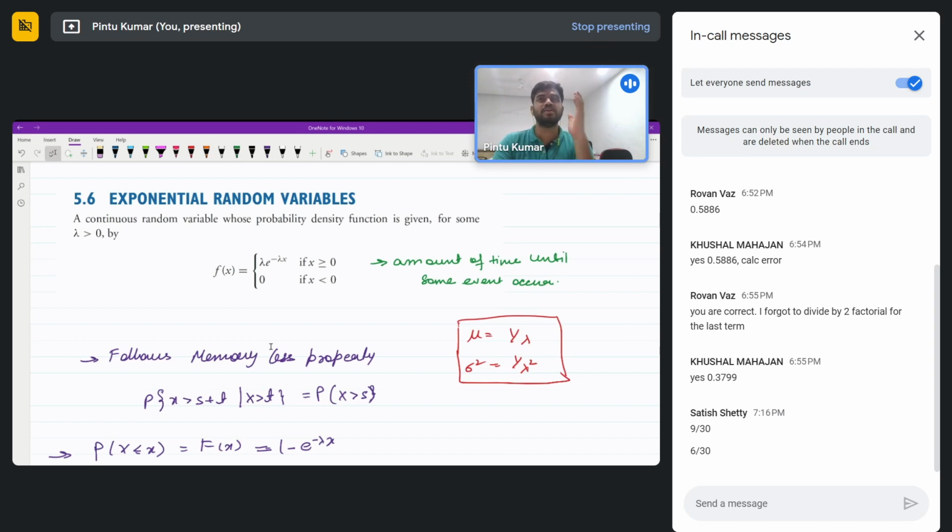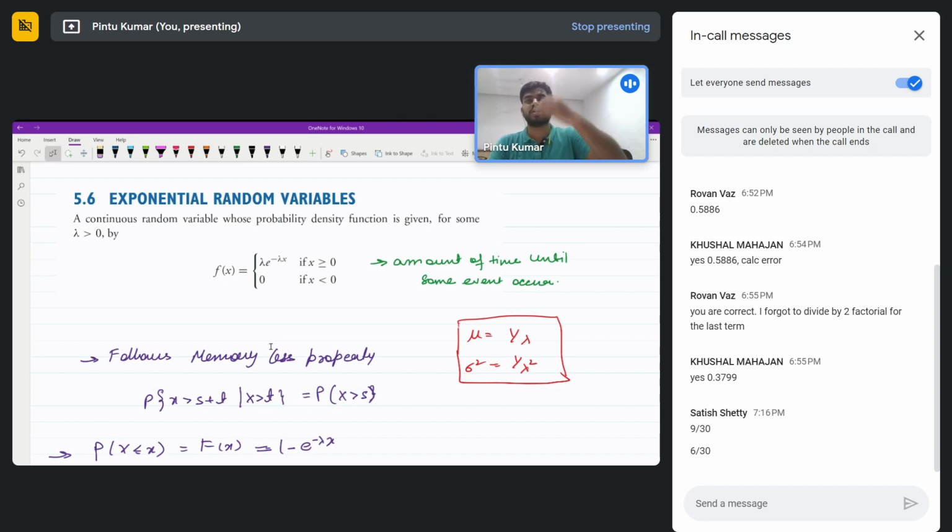Let's say you are some bank, and you know their average, how many customers you are expecting, or at a gap of how much time the people would come.